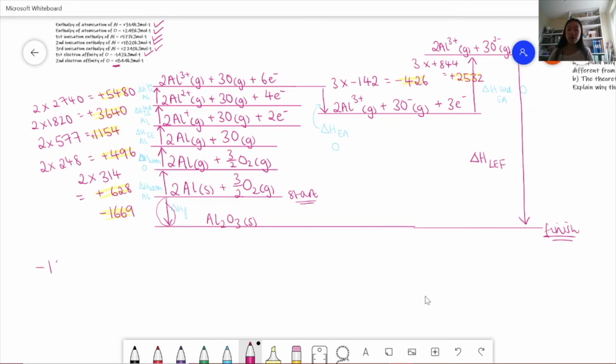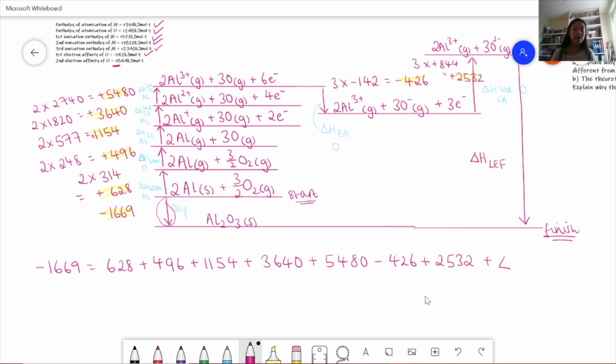And so we can form this equation. We have minus 1,669, and that's equal to 628 plus 496 plus 1,154 plus 3,640 plus 5,480 minus 426 plus 2,532 plus this delta H of lattice enthalpy of formation.